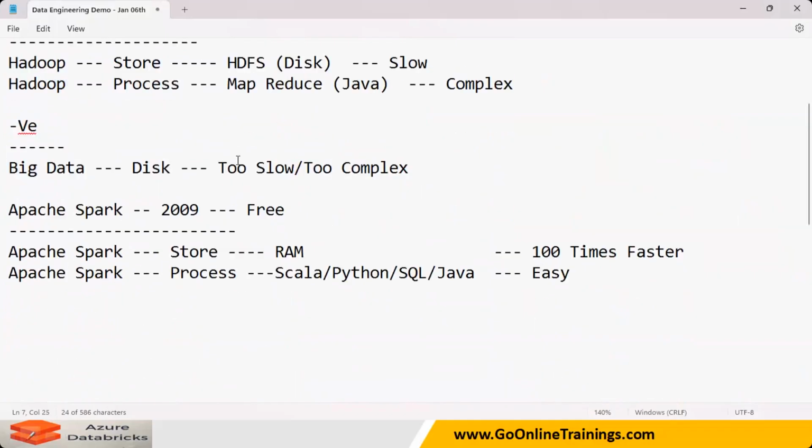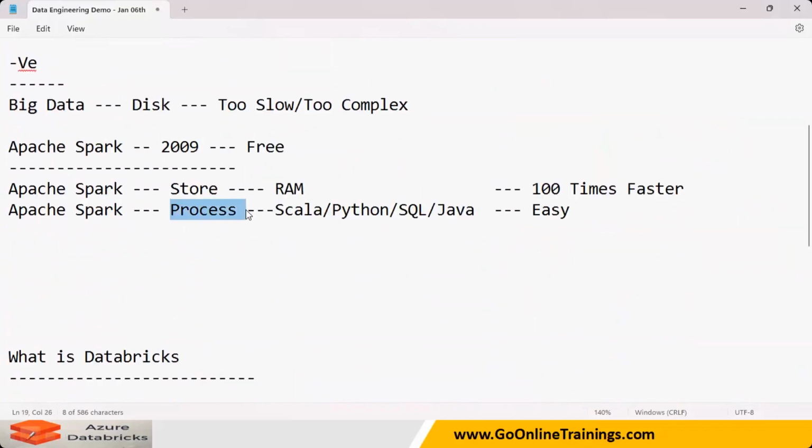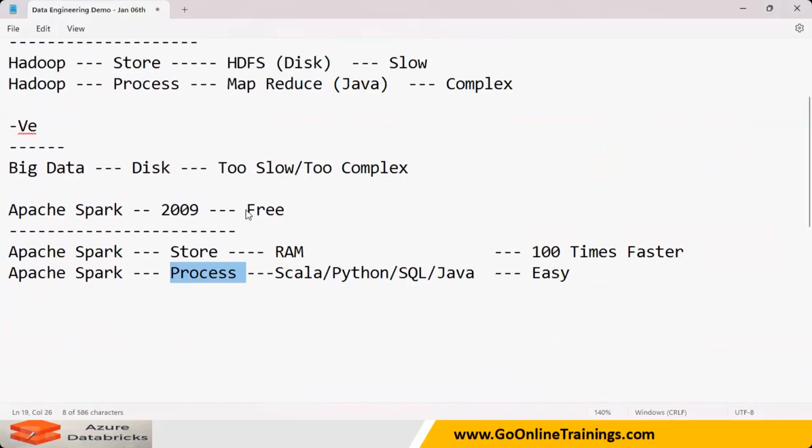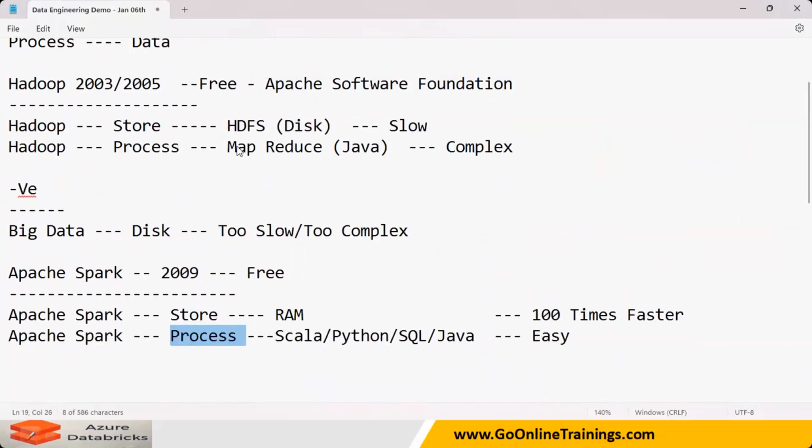Am I clear? So now, to process the data, we are going to use a language. Earlier we used the MapReduce algorithm, which can be created using Java, and Java is a very complex language. Keeping that in mind, the Apache Foundation gave you one more language with Apache Spark, called Scala. Scala is a very easy language.